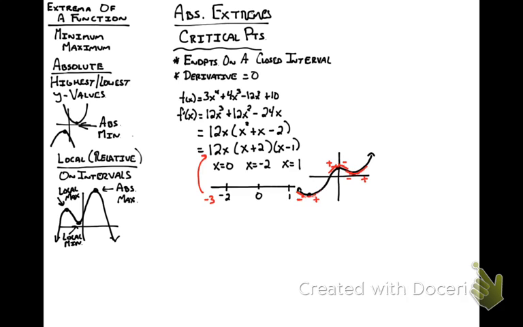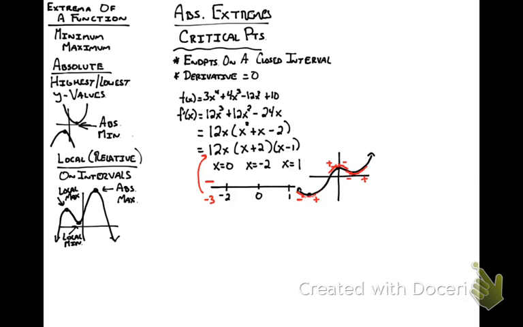What I can see is that 12 times negative 3 will be a negative number. Negative 3 plus 2 will be a negative number, so the product of the first two things will be positive. Negative 3 minus 1 is negative, so I have a positive times a negative number. So before negative 2, the value of the derivative will be negative.